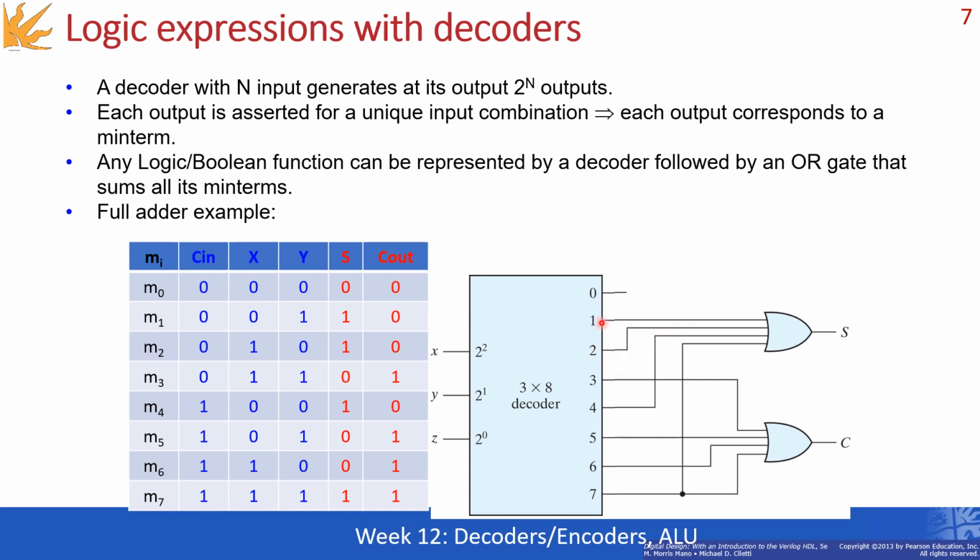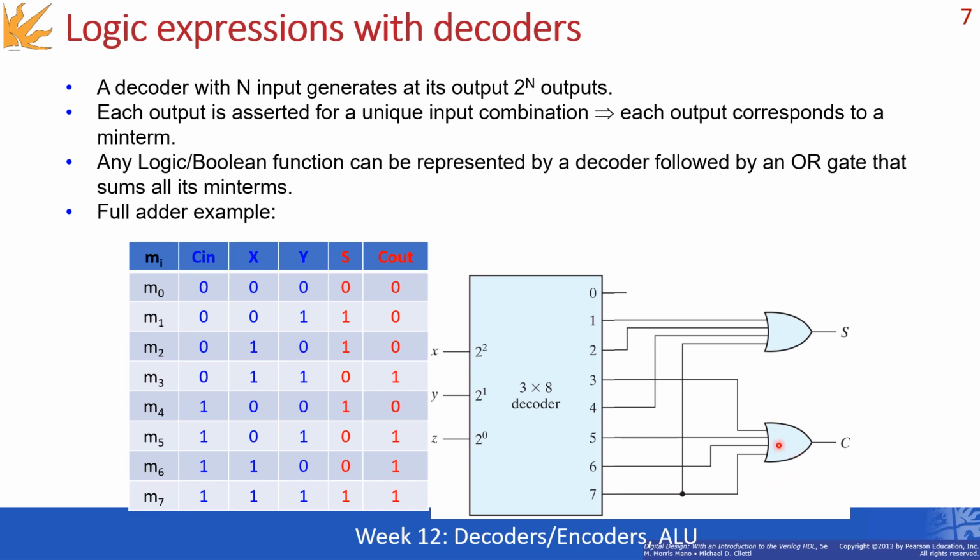Now we take the outputs from here and we pass them through some OR gates. The configuration which is applied here maps the result of the sum in this particular case. So we're selecting all the minterms for which the sum is equal to 1, that is minterm 1, 2, 4, and 7. 1, 2, 4, and 7, as you can see.